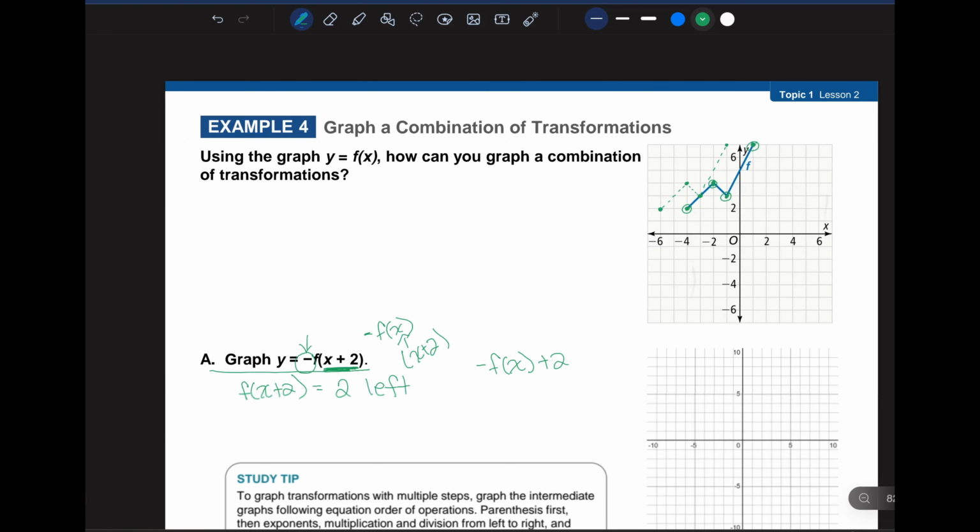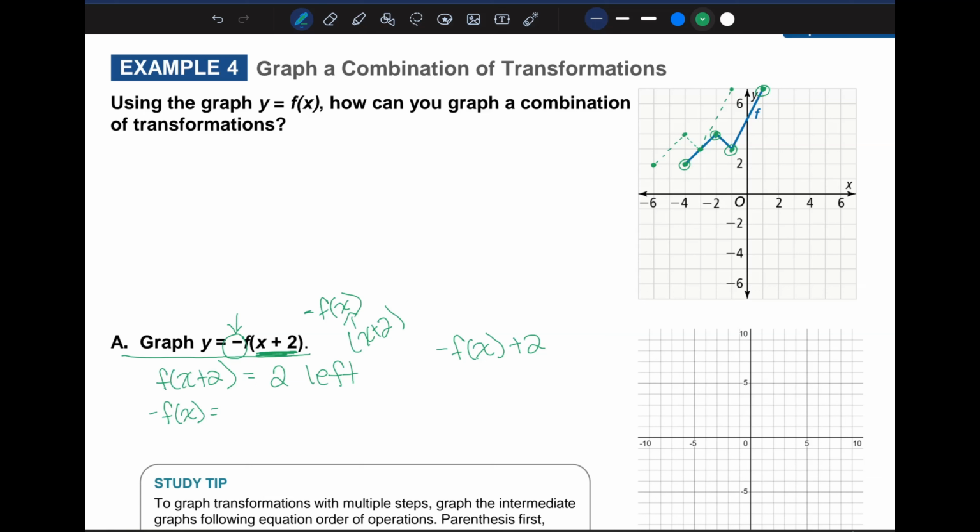All right, and then for the negative in front of our f of x, that means that we're going to have a reflection over the x-axis because that is being multiplied by my y value.